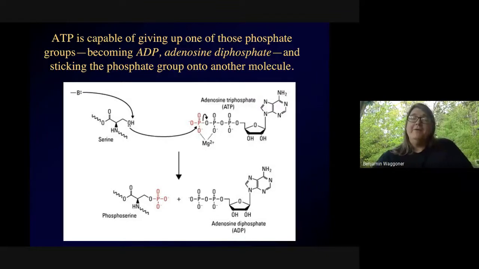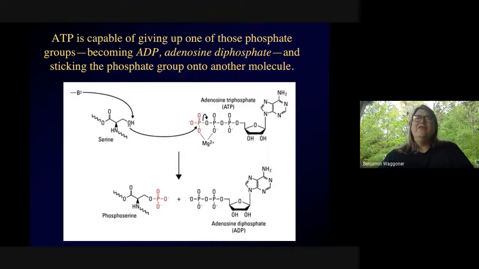Down at the bottom, you can see that that phosphate group has gotten transferred onto another molecule. It happens to be the amino acid serine. So what you have now is the adenosine triphosphate becomes adenosine diphosphate, ADP, and that phosphate group that was on the ATP is now stuck onto a different molecule.